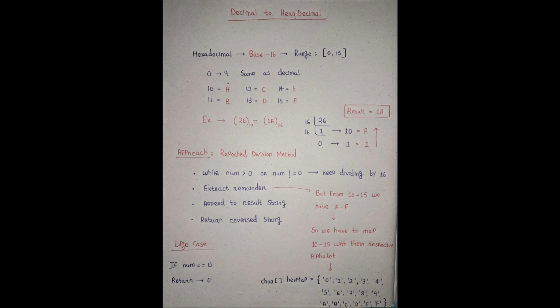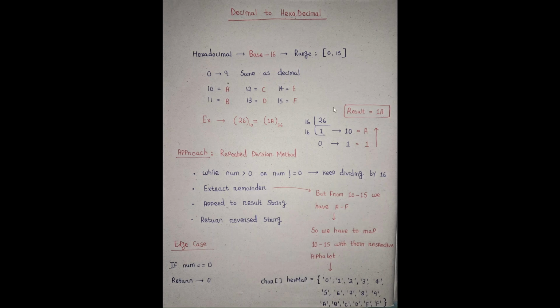So here we have to take a hex map. Basically it is a character array which stores the digits of the hexadecimal number system, that is 0 to 15. From 0 to 9 it is exactly the same as the decimal number system, and from 10 to 15 it is in character format, that is A, B, C, D, E, F. So instead of appending the remainder to the result string, we have to append the character at that particular index.